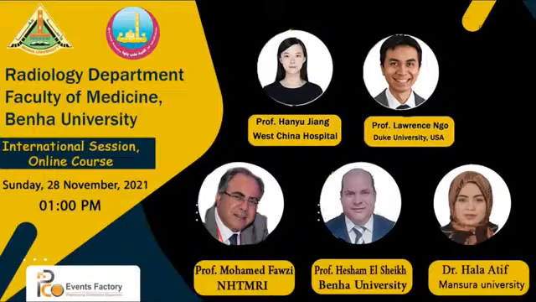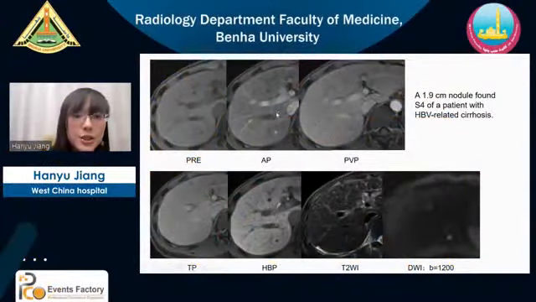So this is a 1.9 centimeter nodule found in segment 2 of a patient with hepatitis B virus related cirrhosis. We can see from the images here, the nodule is located at the bifurcation of the portal veins. It is hypo-intense on T1 weighted images.